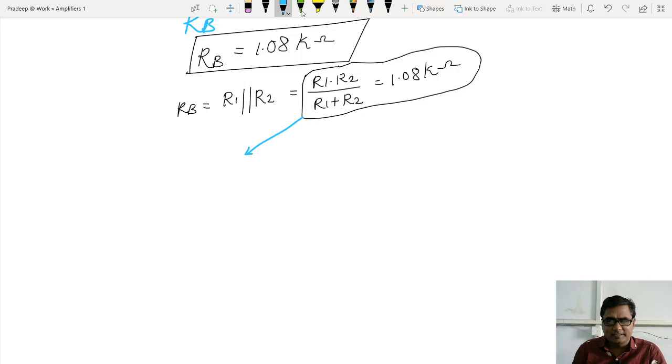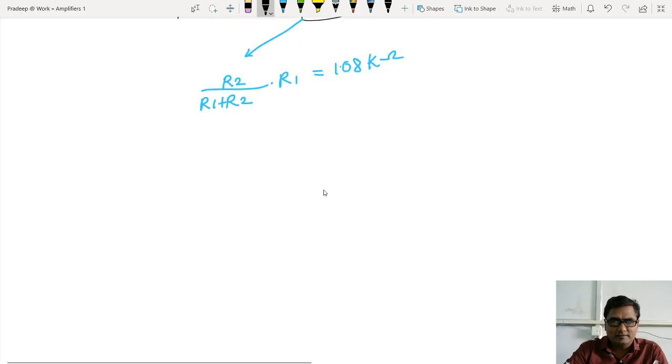R1 multiplied by R2 divided by R1 plus R2 equals 1.08 kilo. Intentionally I am using a different pen because I want to highlight that. Somewhere I am going to use that.